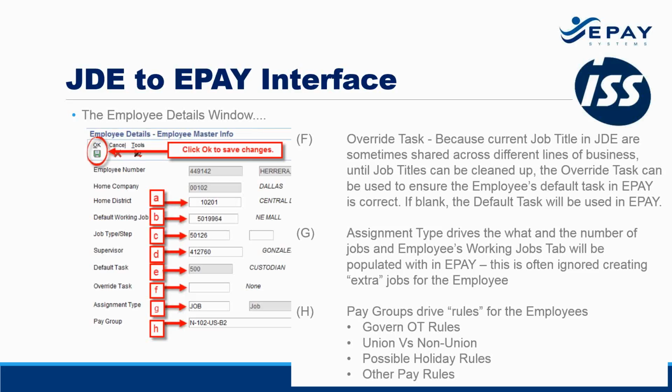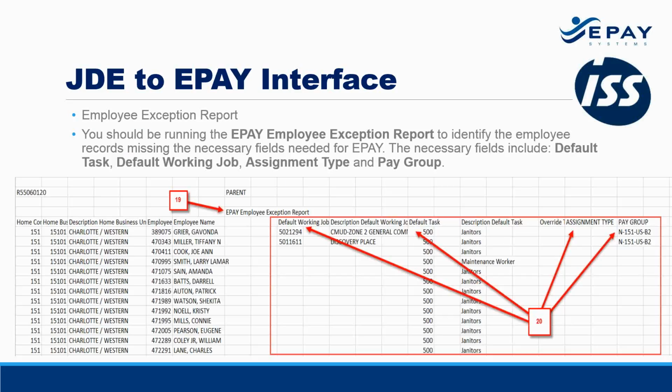So nothing's going to go wrong there. But in a case like up in New York, where we have multiple pay groups, we have union and non-union pay groups, some of those offices have 6, 7, 8 different pay groups to work with. That could be detrimental for the employee's pay because now the system doesn't know which pay group to assign. It assigns the wrong one, and then we're going down the wrong road here. So it's important that we get this pay group filled in and correct the first time around.